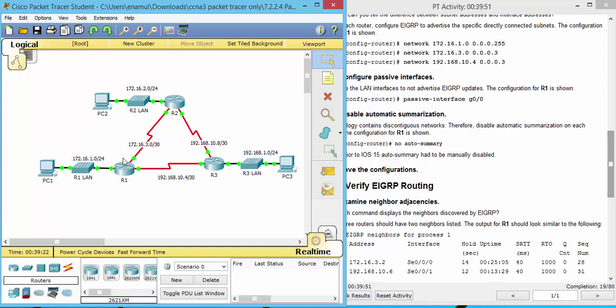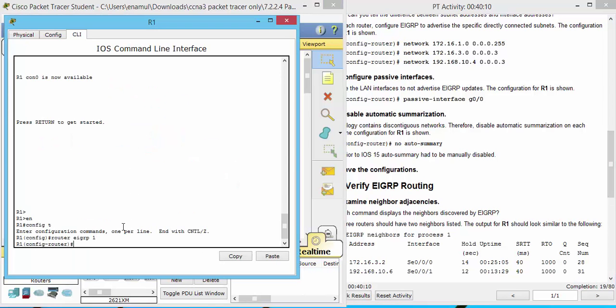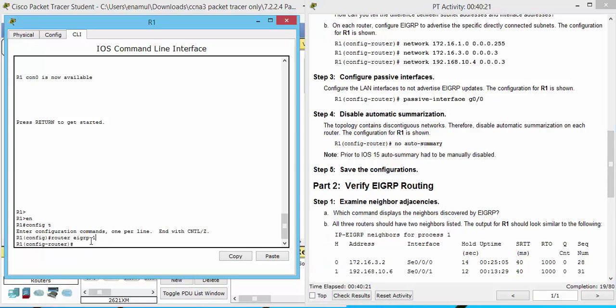When you have a router that has different networks, this is called a discontiguous network, and it is best to minimize the router's resource use, because every time they try to auto summarize, it consumes the router's resources.